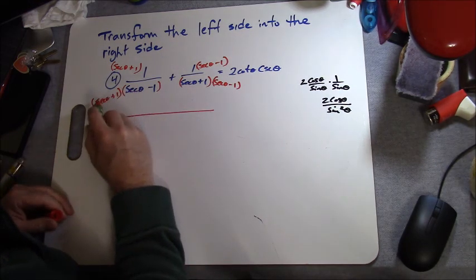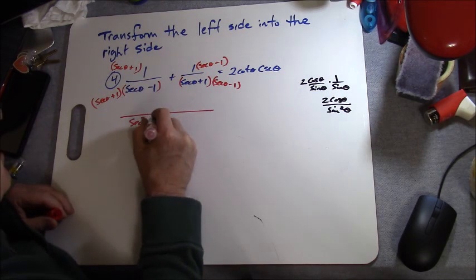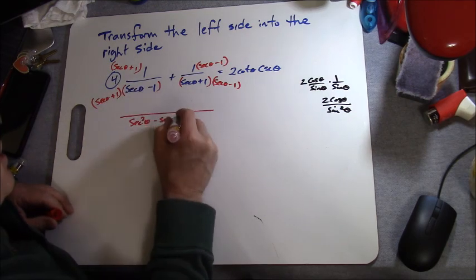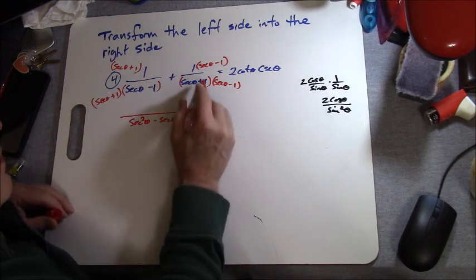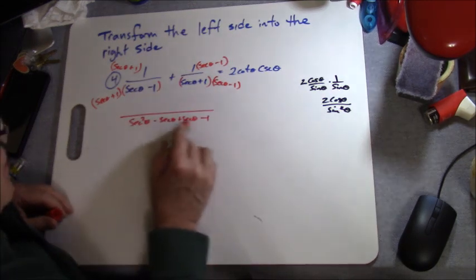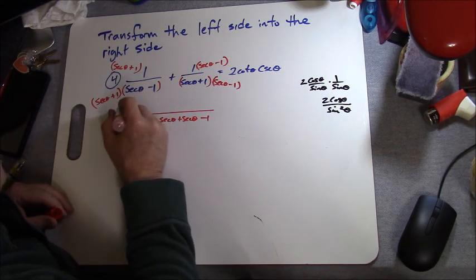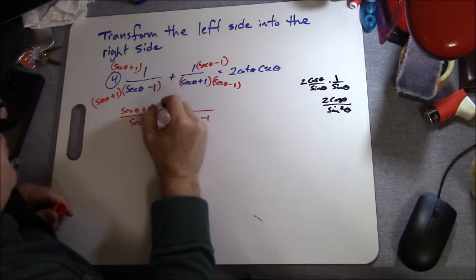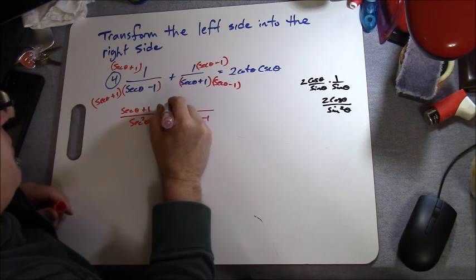If I multiply this, I would get secant squared of theta minus secant of theta plus secant theta and then minus 1. And this will give me the same thing. So this is our common denominator. In this numerator, I get secant theta plus 1. And over here, I get secant theta minus 1.